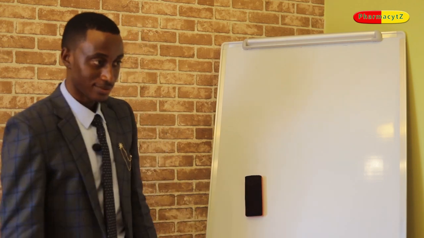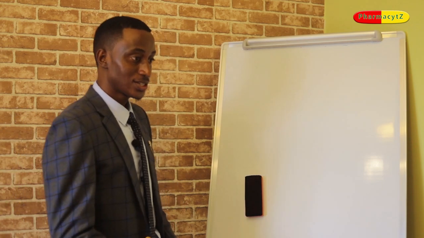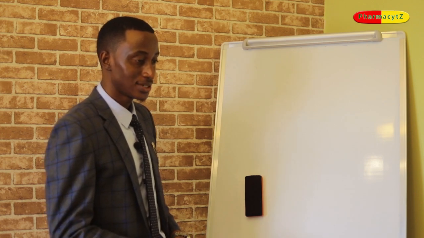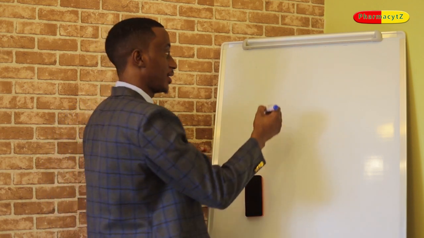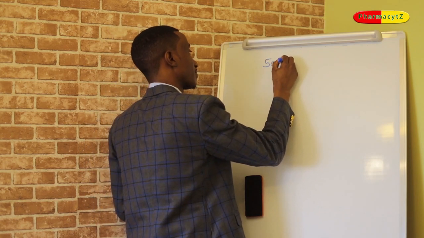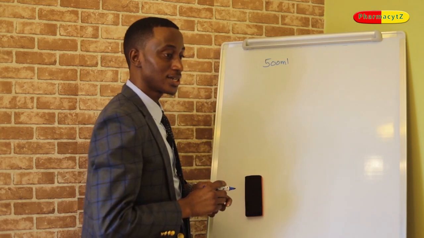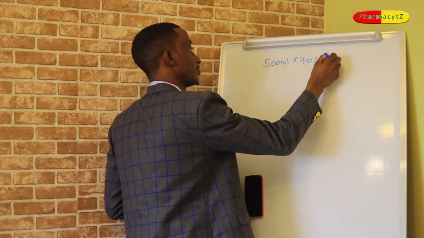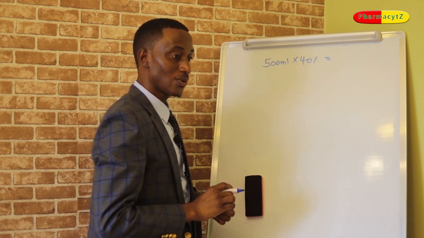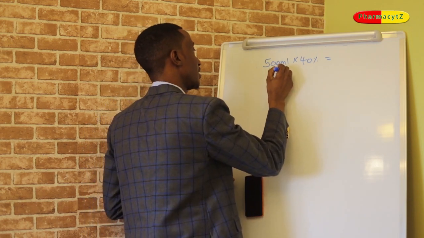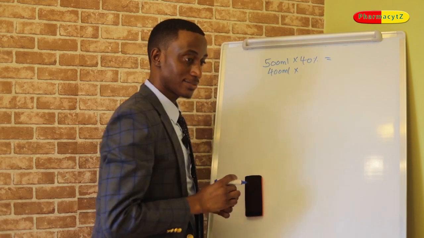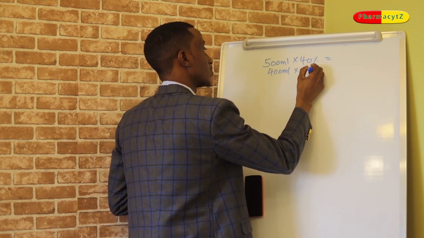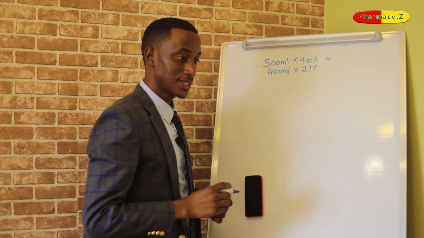So according to this question, what do we have in the lab? First, we have terpene hydrate elixir. In what quantity? 500. So we have 500 ml terpene hydrate elixir with what concentration? With 40% volume in volume. Then what else do we have? We have 400 ml of what? Of theophylline sodium glycinate elixir with a concentration of 21%.